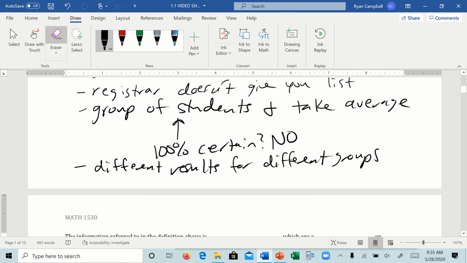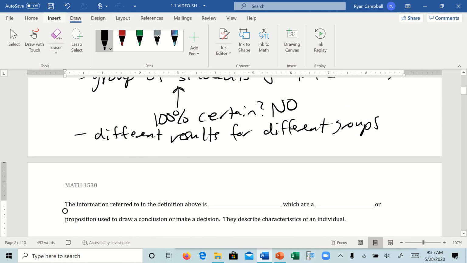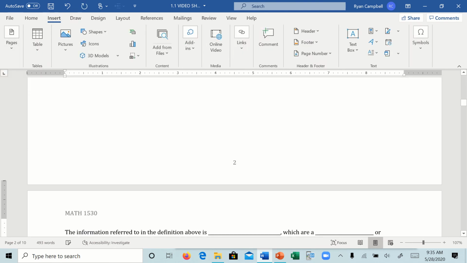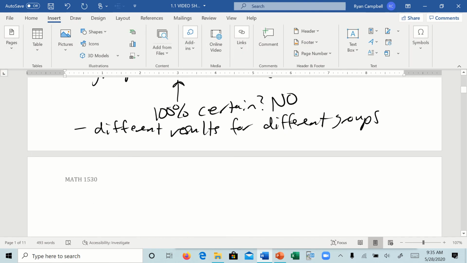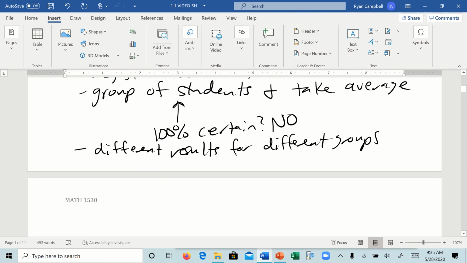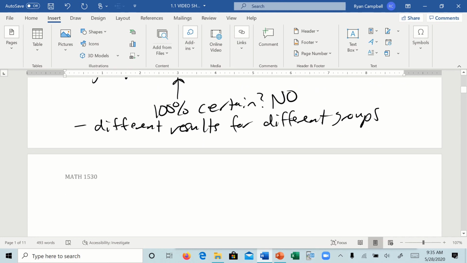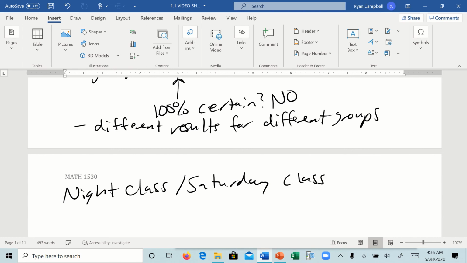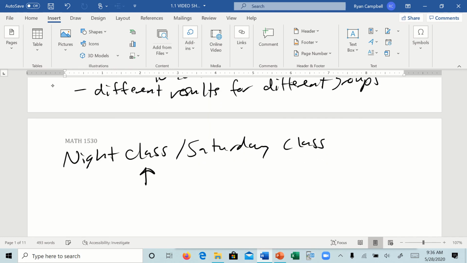So let's think about this. It's very possible that if you're finding these groups with classrooms, you go to a classroom and you say, hey, what's the average age of everybody? So if there's a night class or a Saturday class, it's probably more likely that the average age is higher, right?